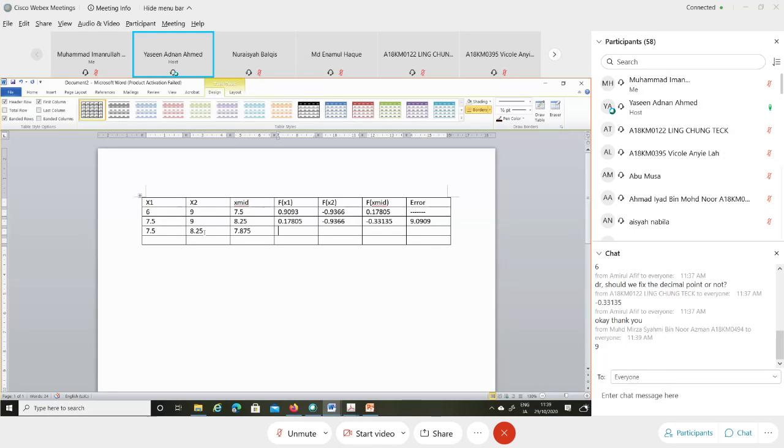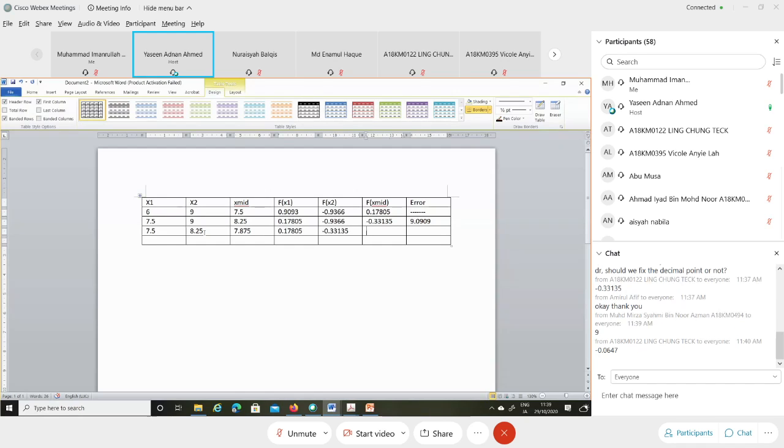So this one, f of x1 is the same, so I just write it down, 0.17805. And this one should be 0.33135. What is f of x mid?